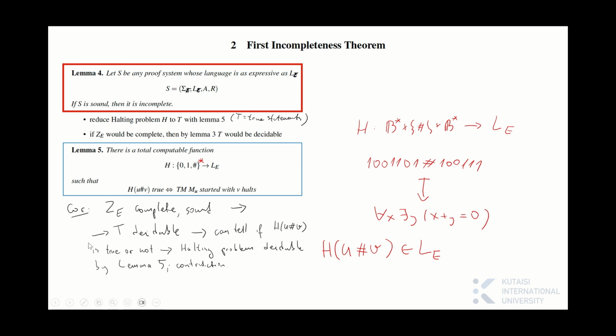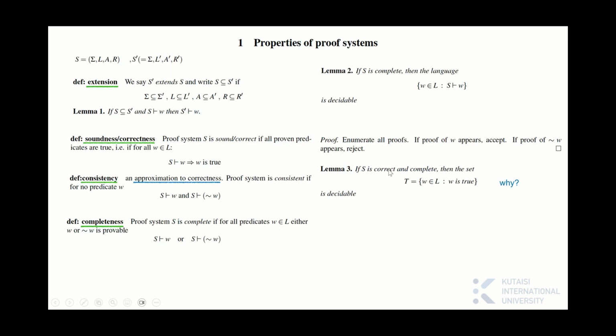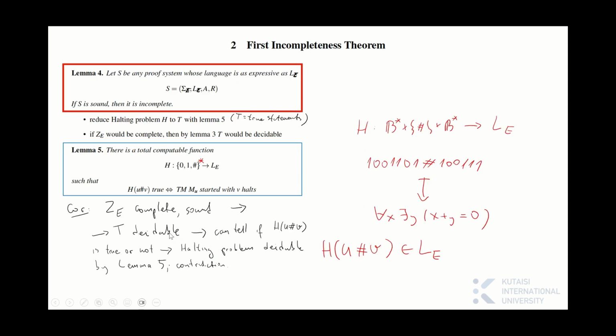It means that when I talk about natural numbers, I can prove or disprove everything. Complete means I can prove it or disprove it, and sound means that everything I can prove is true. Let's assume both of them happen. Complete and sound. Then I just proved that if something is complete and sound, the true statements are decidable. That means the true statements in natural numbers would be decidable.